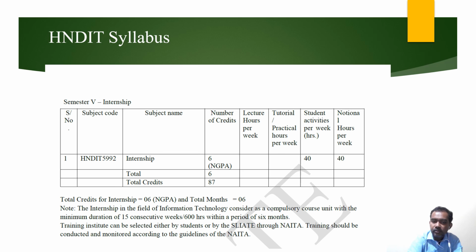Totally you have to complete 600 hours within the semester, within the 6-month period. Normally that is considered 15 consecutive weeks. At the end of that, there will be a viva conducted by both our side and NITA, because that is monitored and regulated by the NITA.